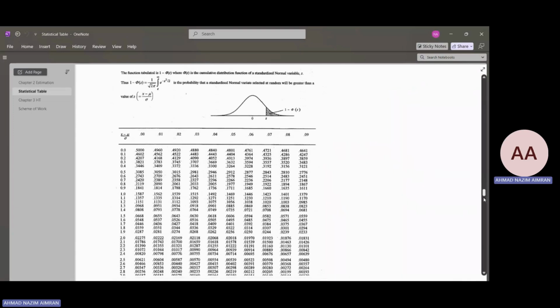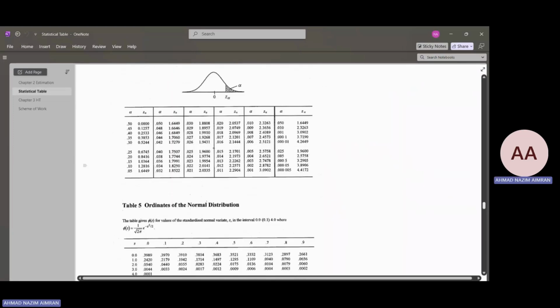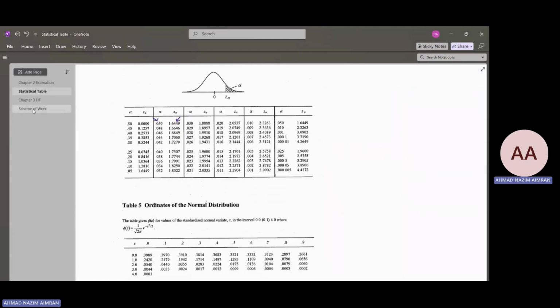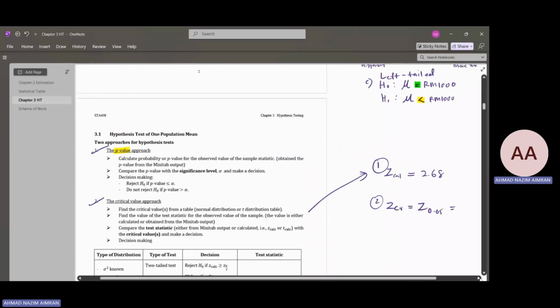I think it's easier to refer to this table. So now this is our alpha 0.05, so the value is 1.6449. Now let's go back to this chapter, the module.